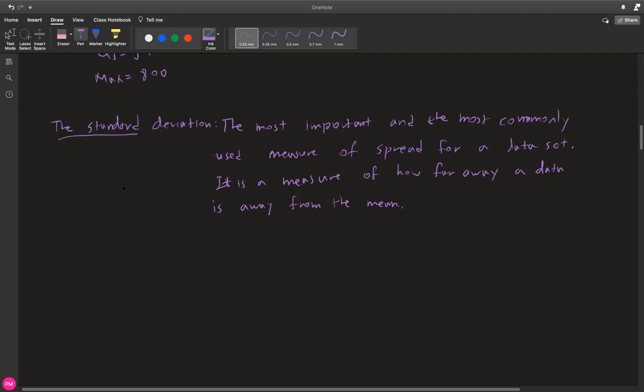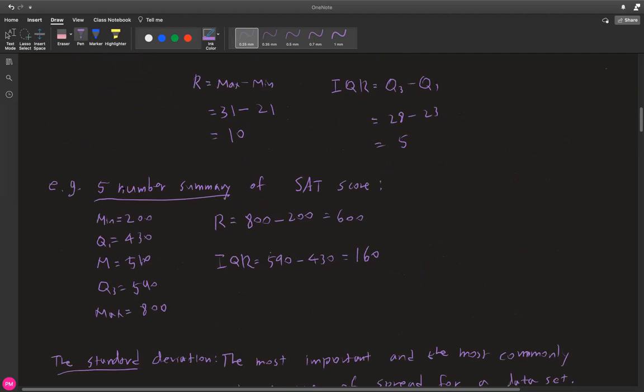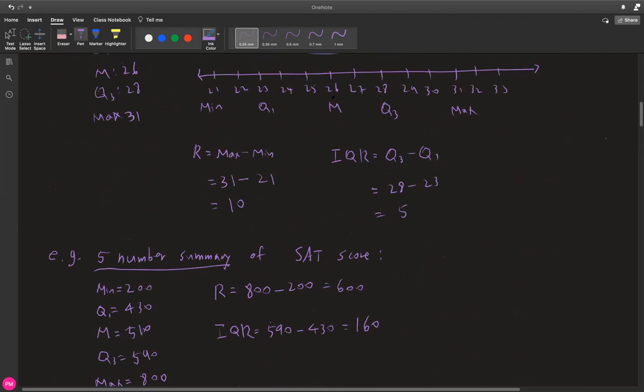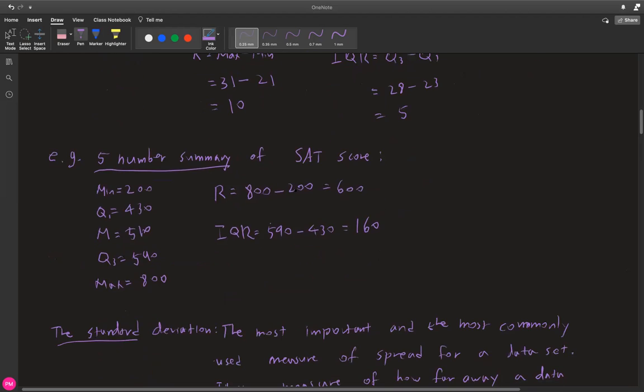For example, if we were talking about age, the difference between the mean and a specific point is going to be a few years. But if you were to calculate the SAT score and find the deviation between the mean and a specific point, it's going to be at least 100 points away.